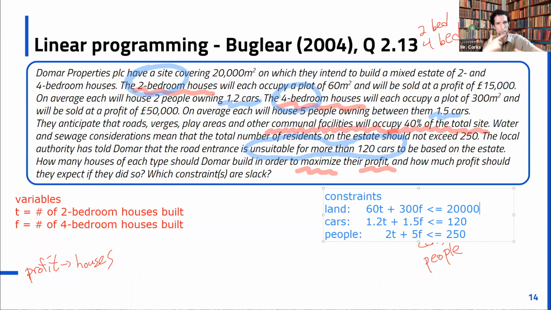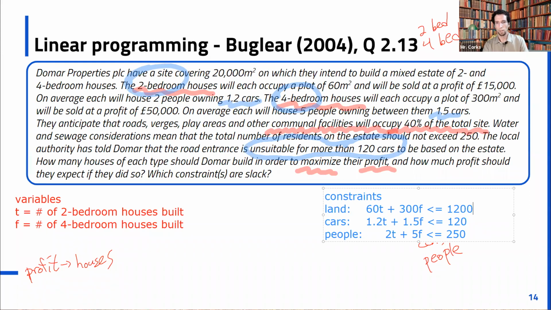What's the complement of that? Why not just 20,000 multiplied by 0.6? That's what I was thinking. So 40% is not available, then 60% is available. So 60% of 20,000, what is that number?